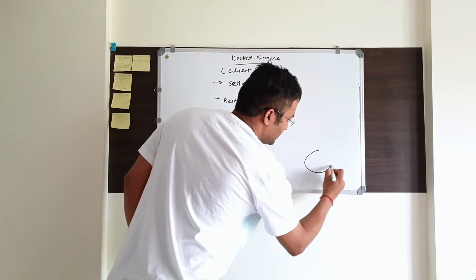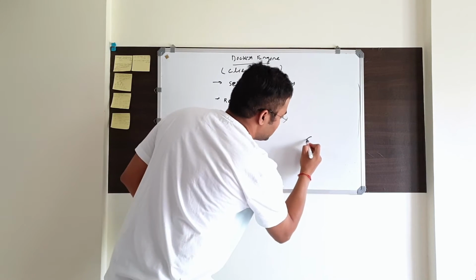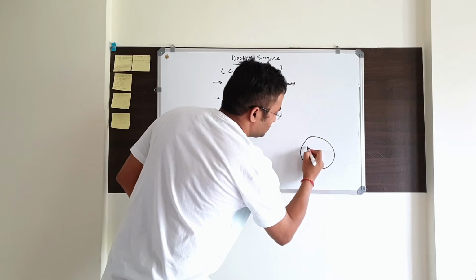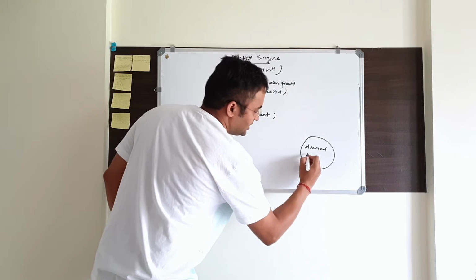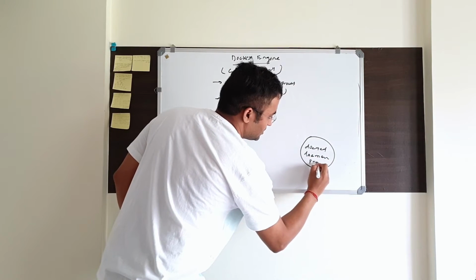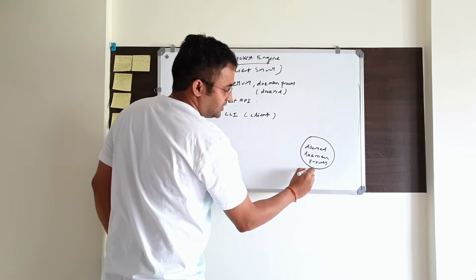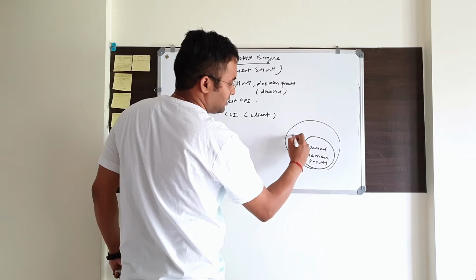Okay, so let's draw it quickly. Let's draw this figure. So let's talk about Docker. This dockerd is nothing but the daemon process. Another component uses this REST API.